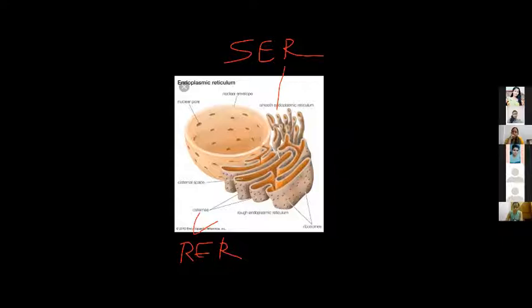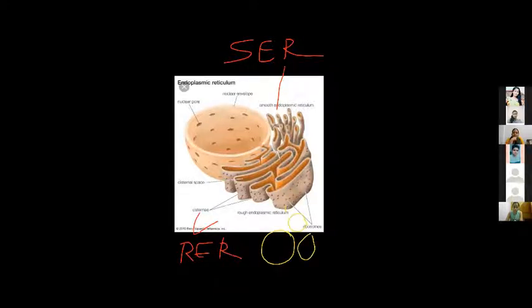Now, the second is vesicles and vascular form. The vesicles or vascular form are very important because they are oval, membrane-bound structures.